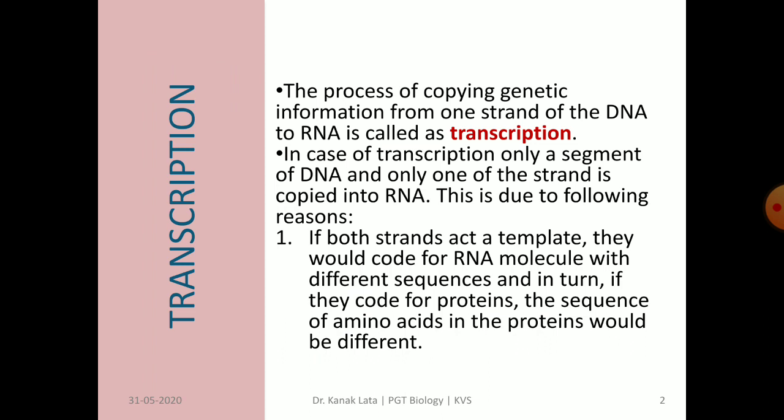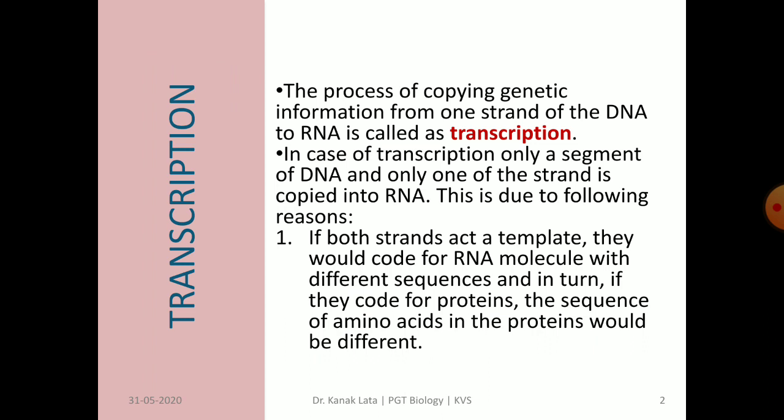First is about transcription. We have already studied in the central dogma in the previous session that transcription is the process of copying genetic information from one strand of DNA to RNA. Now, the question arises, why is only one strand of DNA copied into RNA?